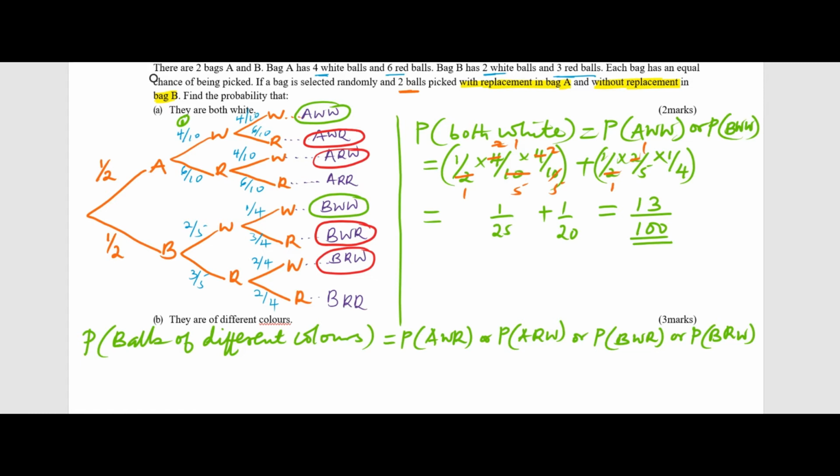Those are the instances where we have 2 balls of different colors.